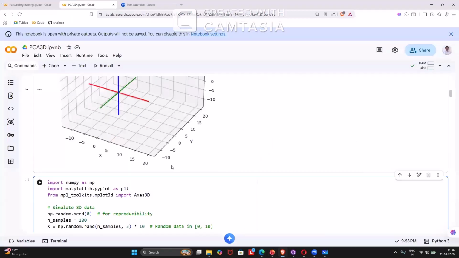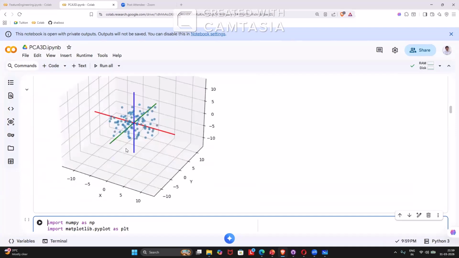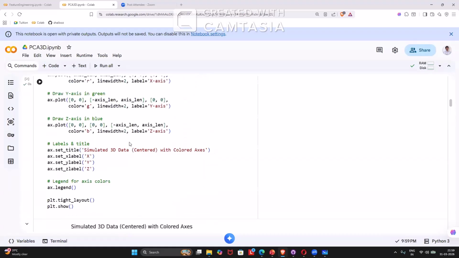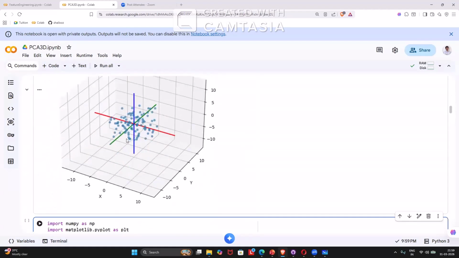That is the second procedure we have done here. We are calculating the mean, np.mean of x, and subtracting the mean from every x. Then we will get x center. Visualizing that, the data is now centered over here, right?